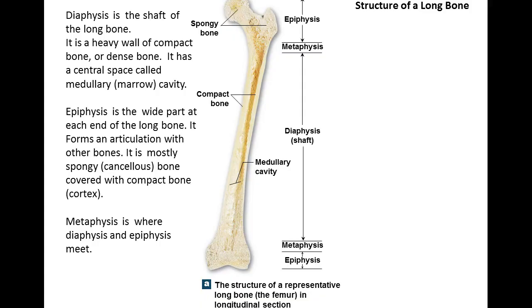And then on to the structure of a long bone. With regard to the structure, you have areas that are necessary to identify. The length of the bone is called the diaphysis, the shaft of the long bone. The diaphysis is generally compact bone, very dense, strong, compact bone. By definition, long bones need to be strong.